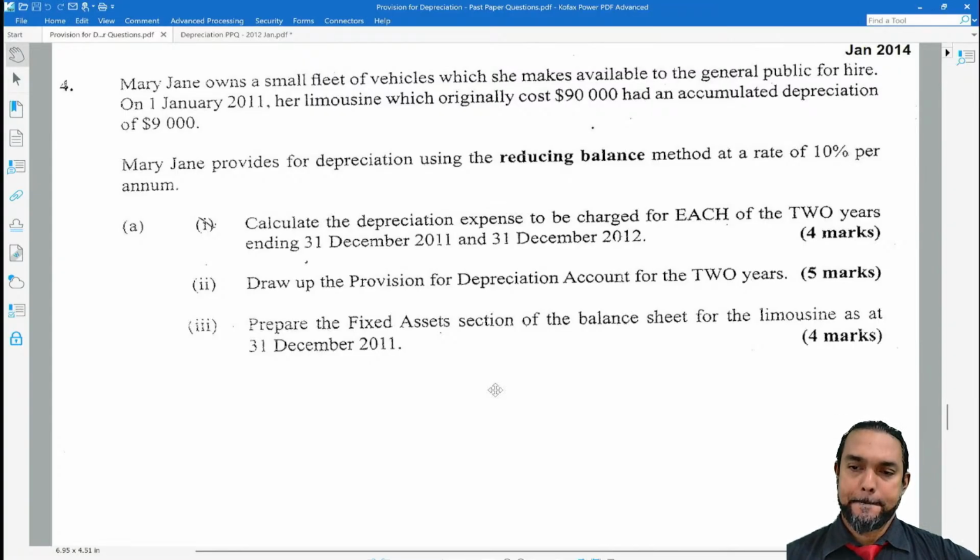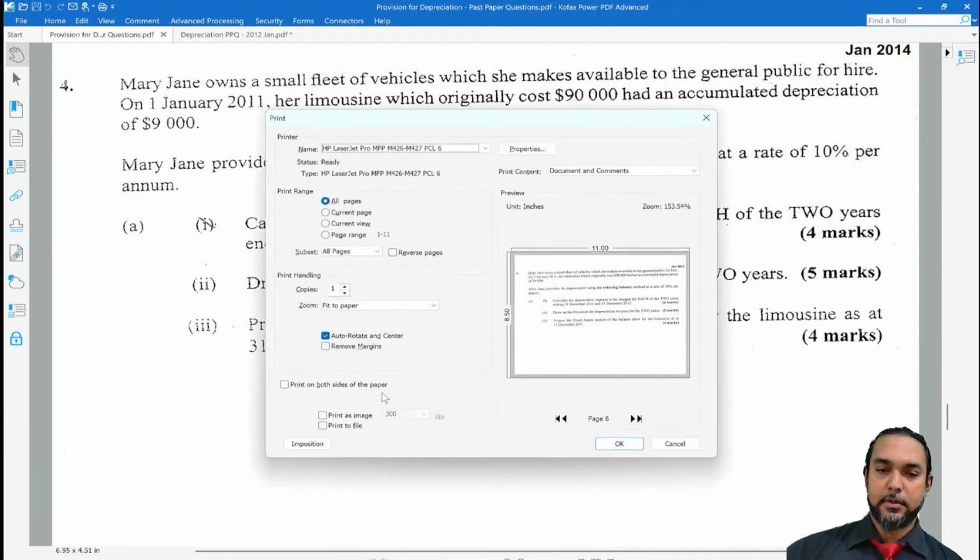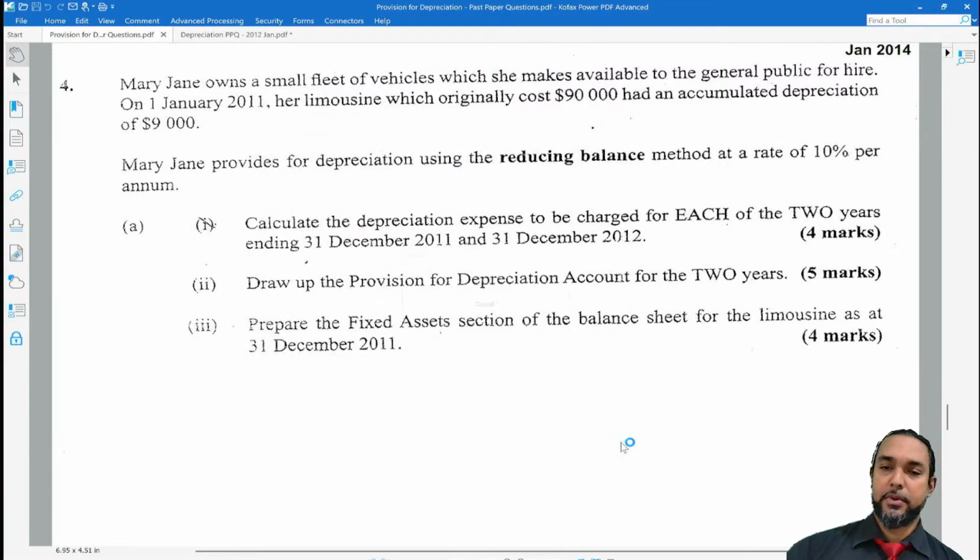Let me print a copy here for those in class. Now, what they want us to do here is the calculation for depreciation for 2 years. But there's a little twist in the question. I'll show you what that twist is.